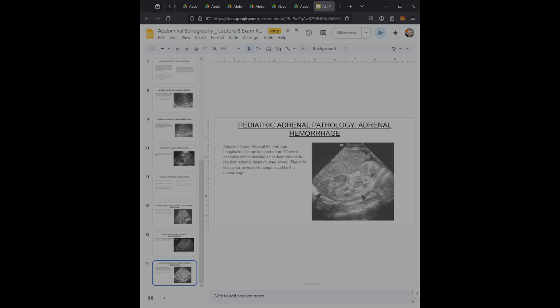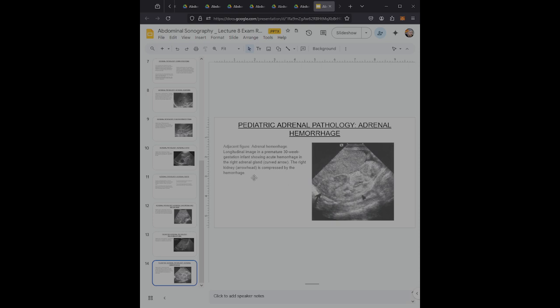Adrenal hemorrhage. The adrenal gland in stressed neonates or following traumatic birth can spontaneously hemorrhage, and this often results in a heterogeneous appearing mass in the area of the adrenal gland, and the resulting hematoma will be round or triangular shaped, as well as echogenic, and over time it will become heterogeneous, hypoechoic, and cystic.